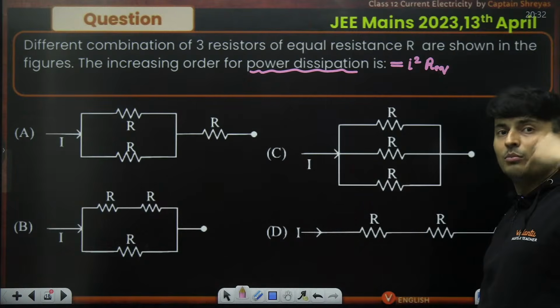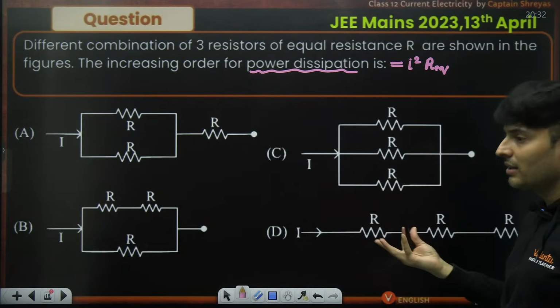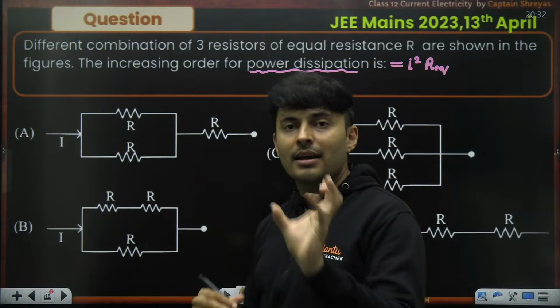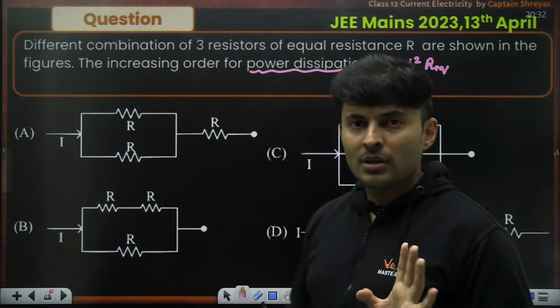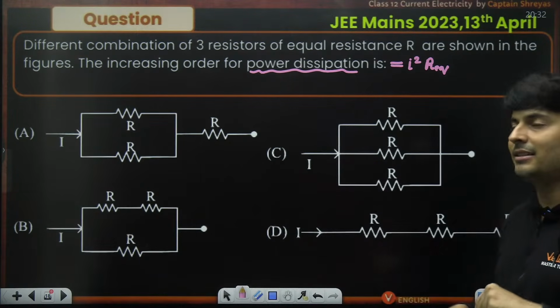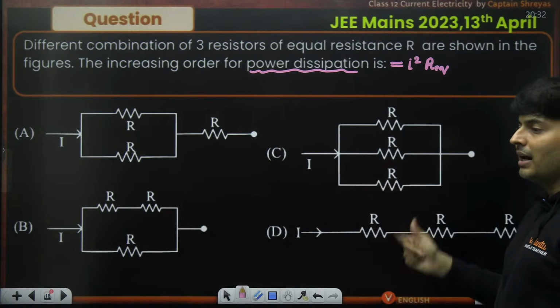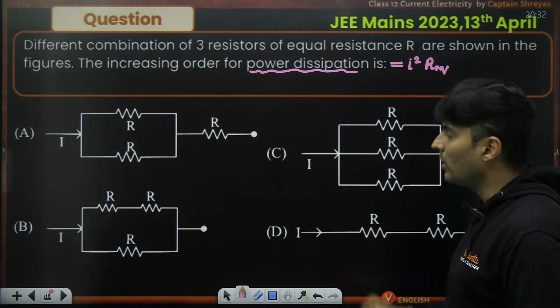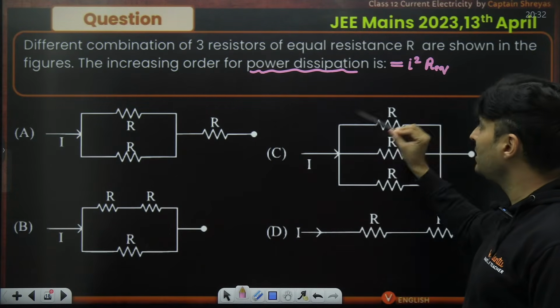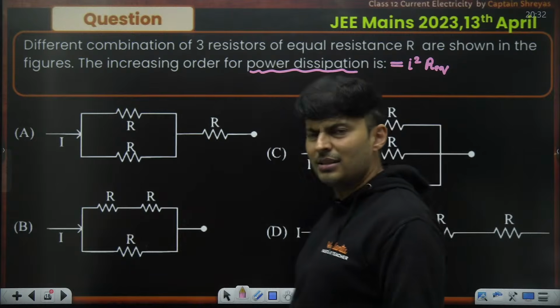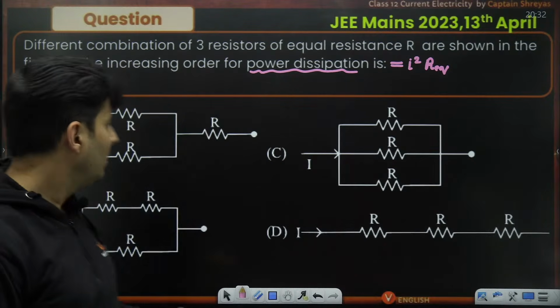So the one with more equivalent resistance will have more power. That is the crux of the problem. The student who realizes this in the exam will quickly understand the crux and solve the question. So we just need to focus on the equivalent resistance, which is now a straightforward topic.